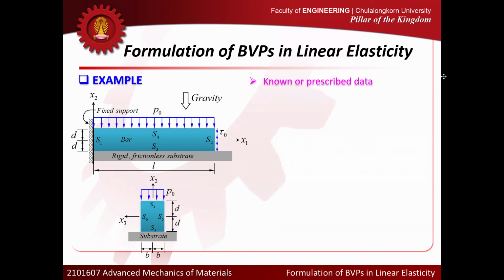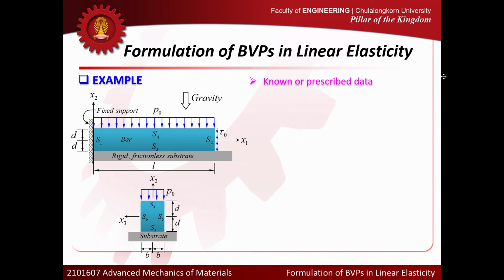Before we formulate the problem, we need to understand the data of the problem first. We need to be able to identify all the known, prescribed data of the problem. What do I mean by that? I need to identify all the information like the geometry, loading condition, boundary condition, material properties.